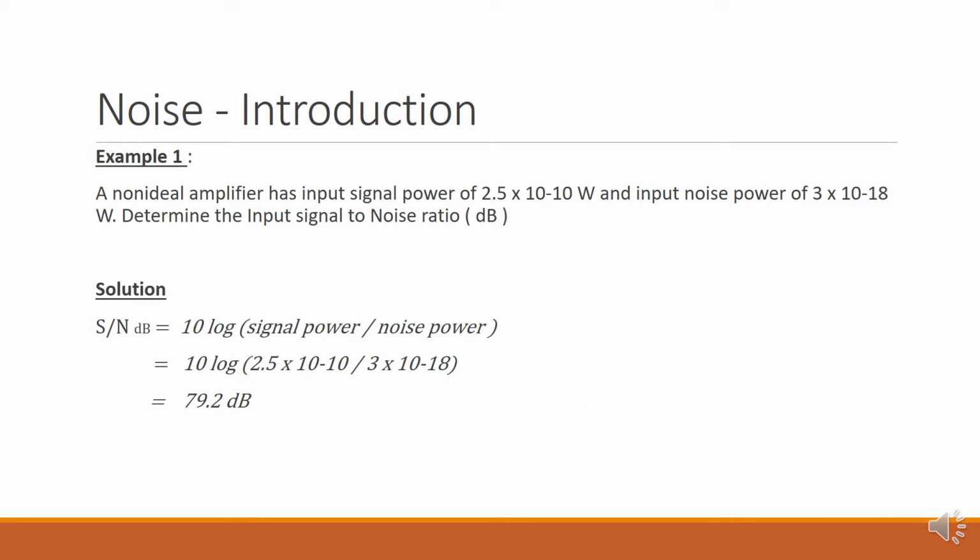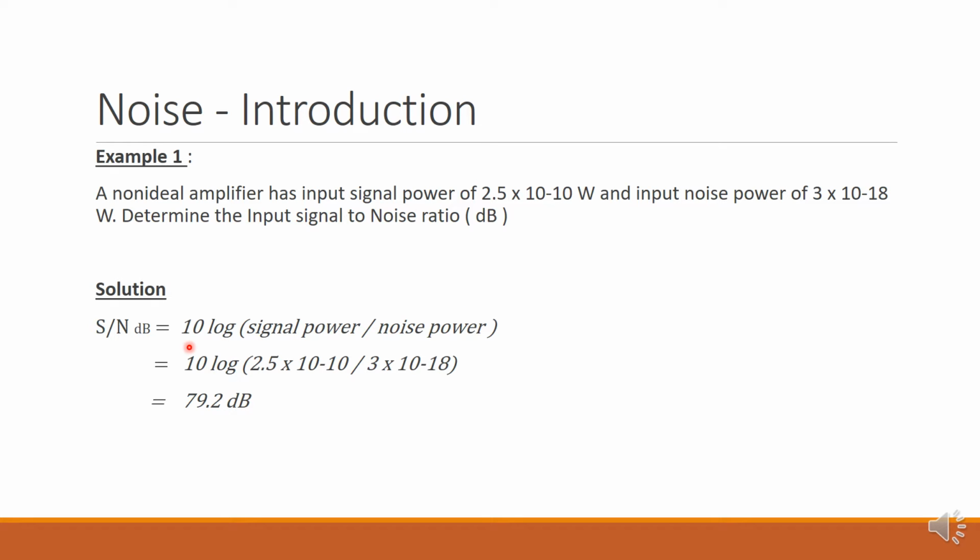Here I show you the solution to determine the signal to noise ratio. Since the magnitude of the signal and the noise is measured in power, we use the formula signal to noise ratio equals 10 log of signal power over noise power.